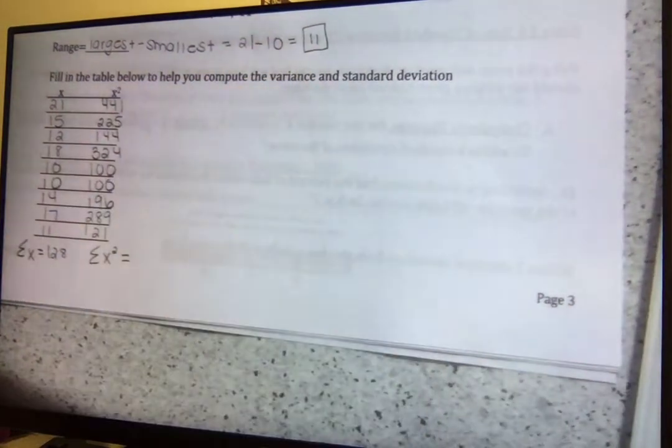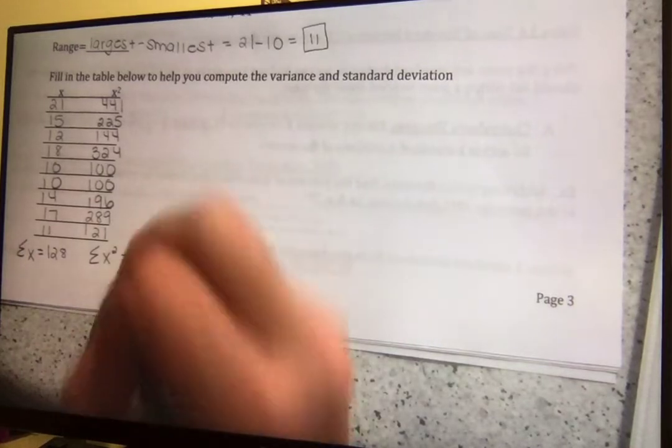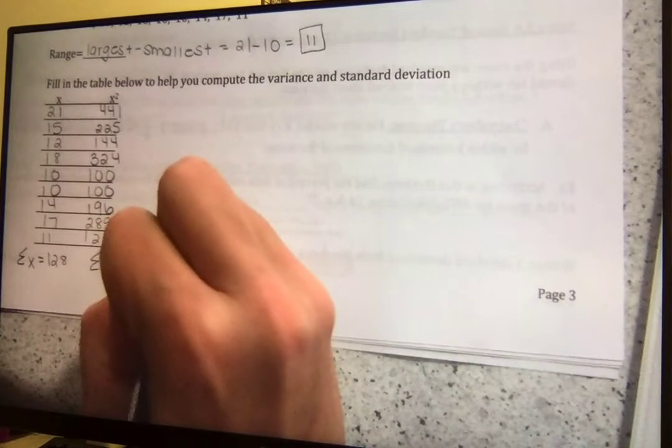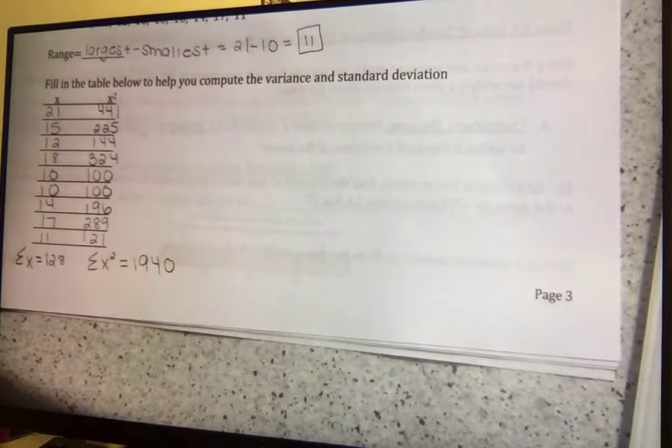Adding up the x squared column, 441 plus 225 plus 144 plus 324 plus 100 plus 100 plus 196 plus 289 plus 121 gives us 1940. We're going to use these in our formulas on the next page.